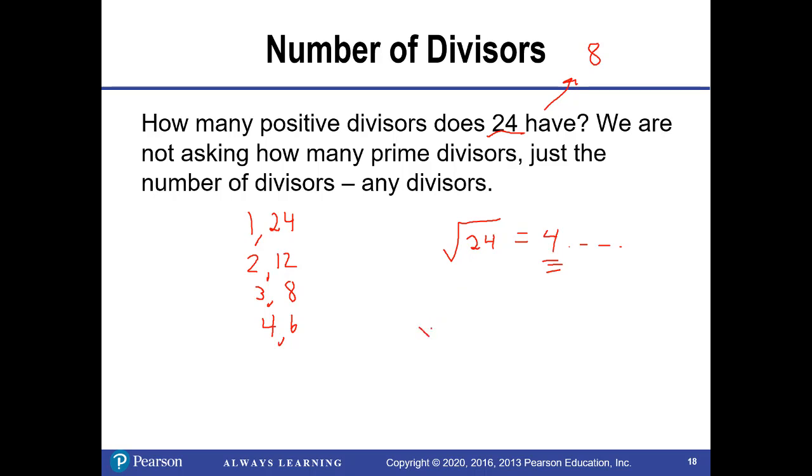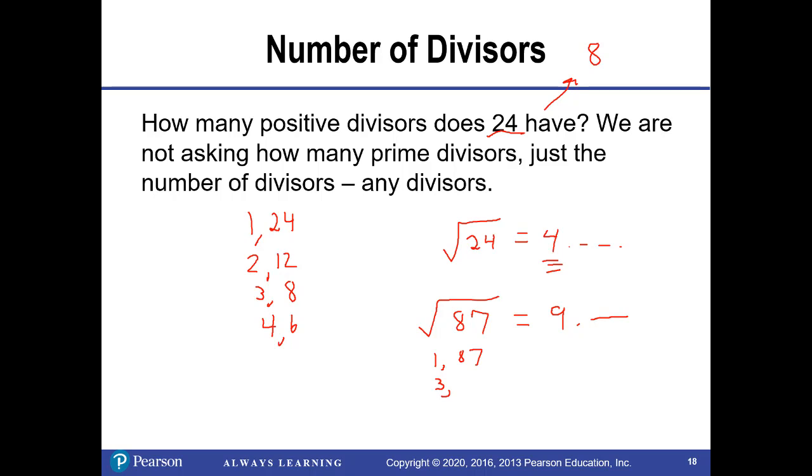So if I wanted to find the number of divisors of 87, how many divisors does 87 have? I take the square root of 87, which is 9 point something, and all I have to do is check 1 through 9. Using my divisibility rules, I see that divisors of 87 are 1 and 87. 8 plus 7 is 15, so 3 does divide into 87.